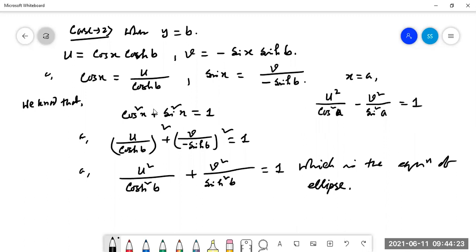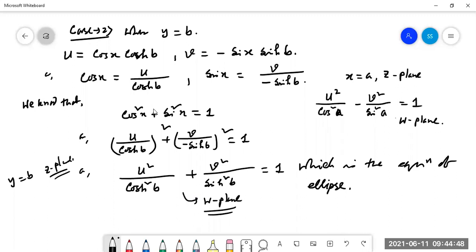It was a hyperbola in the w plane. So this was the z plane and this is the w plane. And here y equal to b was in the z plane, and this one is in the w plane. So this transformation procedure varies from straight line to straight line.